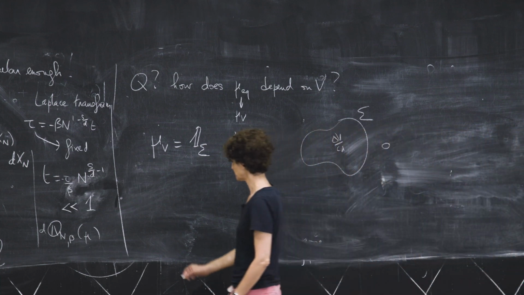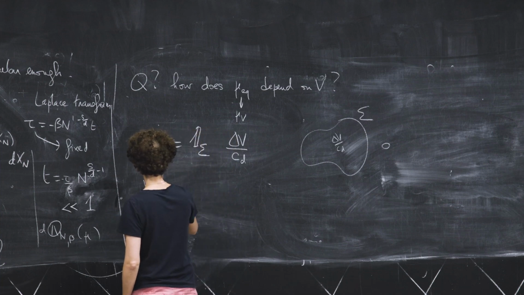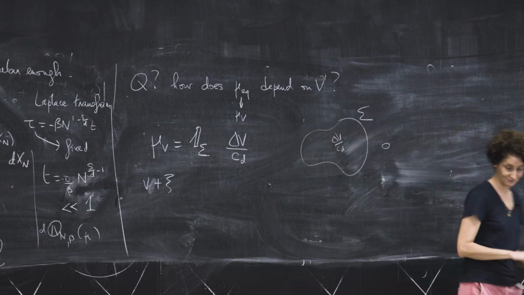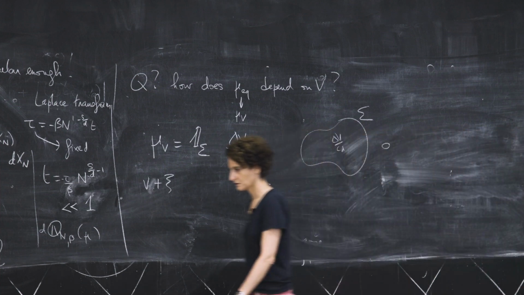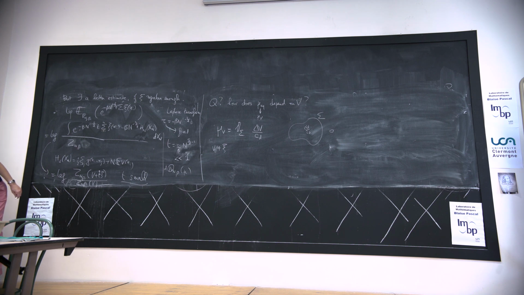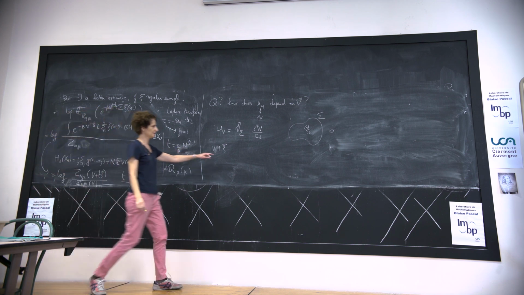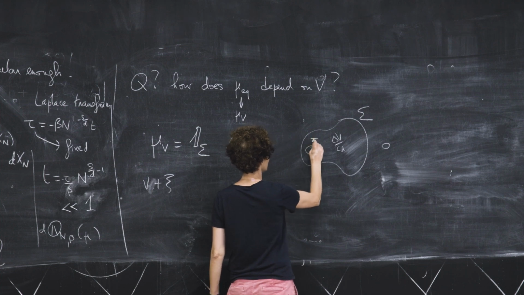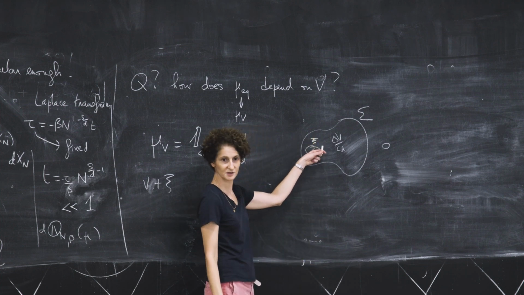Now, imagine I change V into V plus t xi, which is what I'm doing here. Now, there's two cases. There's the first case, which is the nicest one. It's the case where the support of xi is in the bulk here. Right? So xi lives here, inside.